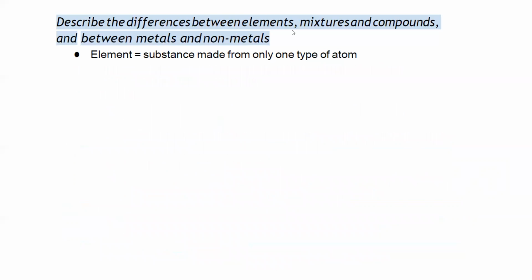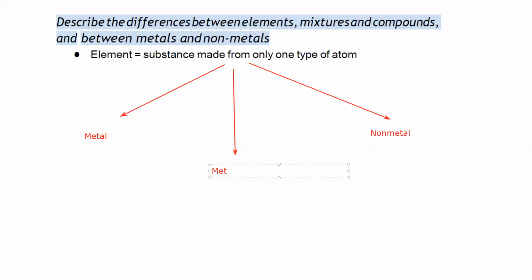But how can you identify whether the element which you have is a metal or non-metal? There's also one class which we call a metalloid. Few of the elements are there which we also call metalloids.